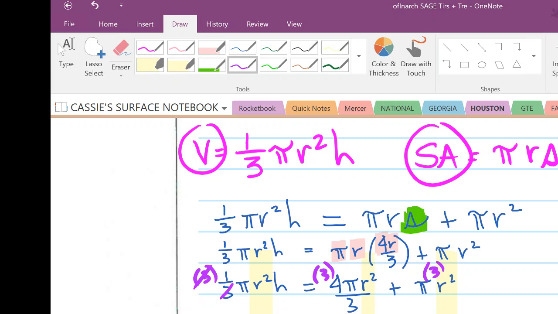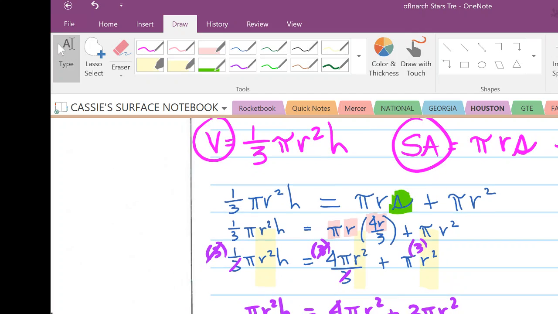This becomes pi r squared h equals, those 3's cancel, which gives me 4 pi r squared plus, and now there's nothing to cancel here, so this just becomes 3 pi r squared. So that was the first thing I noticed. I wanted to get rid of the fractions just to decrease my likelihood for error.